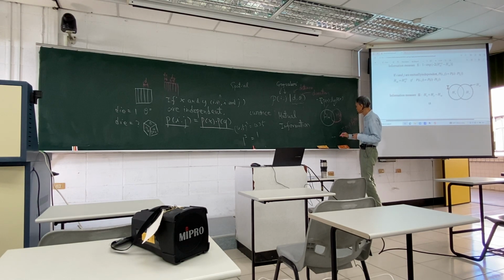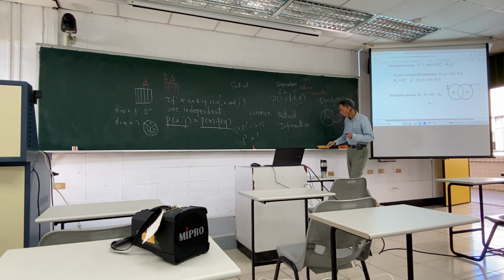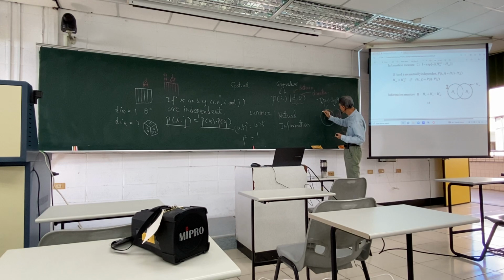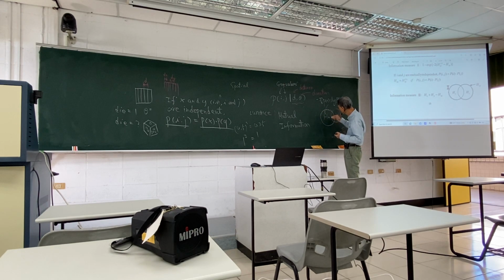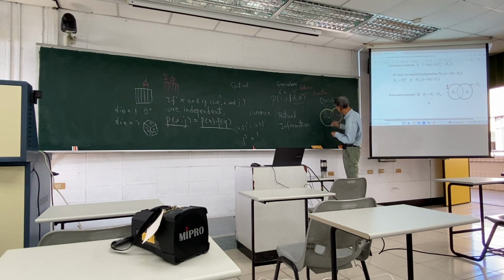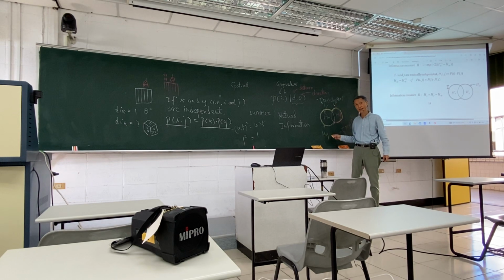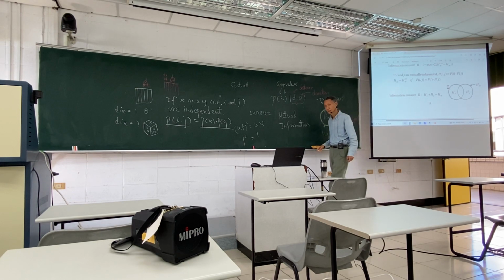Okay? And then the dashed line here, okay, this is the joint entropy, okay?